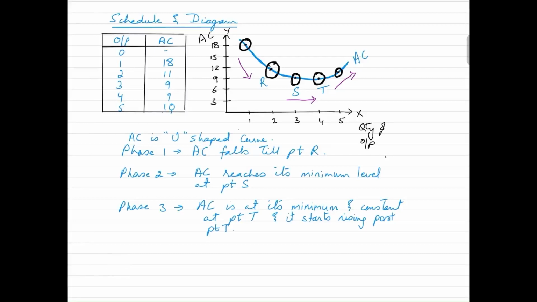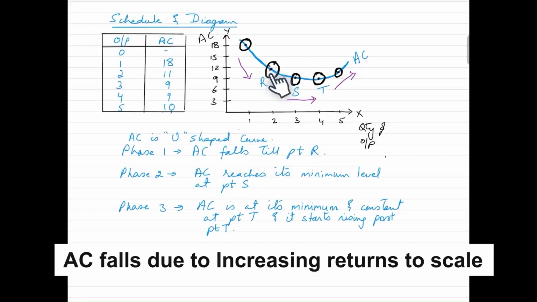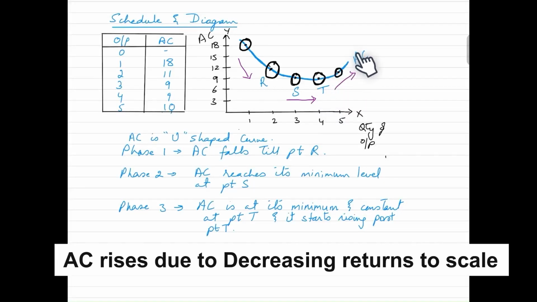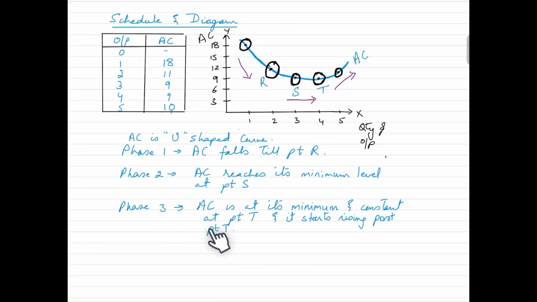In phase 1, when average cost is falling, it is because of decreasing returns, as I mentioned earlier. Now post this point, which is point T or the 4th unit of output, we'll see that average cost is rising again. So this is phase 3. After point T, it would start rising. Why is it rising? Because the firm is now experiencing diseconomies of scale.